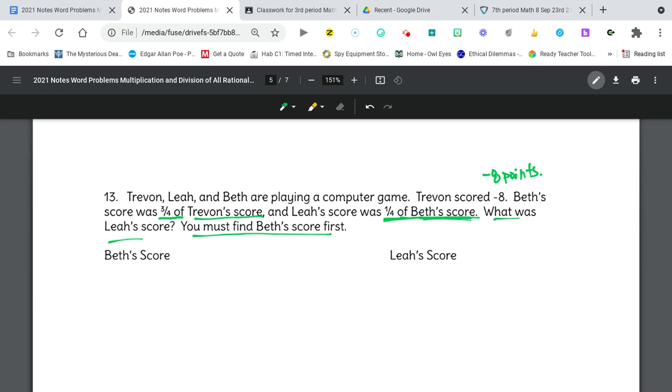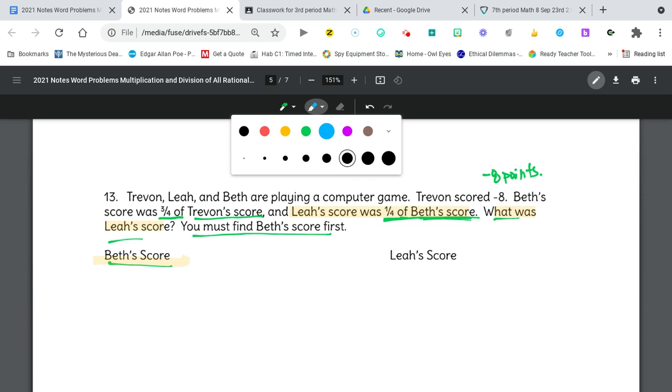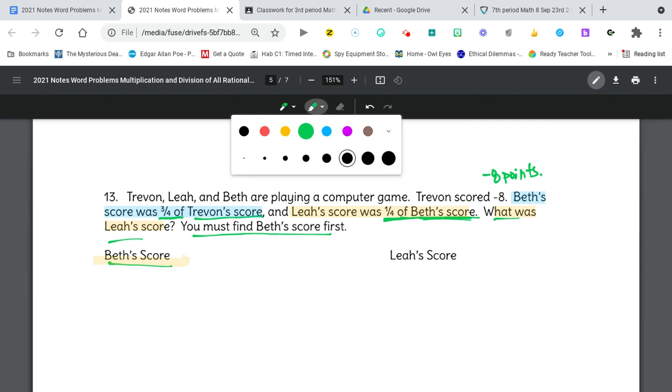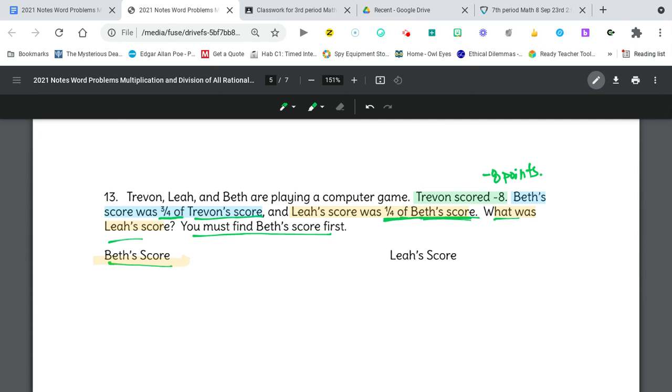So I'm going to do this thing in pieces. I'm going to find Beth's score first, because it's asking me what was Leah's score, but Leah's score was 1/4 of Beth's score, so I need Beth's score first, okay? So I need to go back and find Beth's score. Well, what was Beth's score? Beth's score was 3/4 of Trayvon's score. What was Trayvon's score? Well, Trayvon's score was -8.